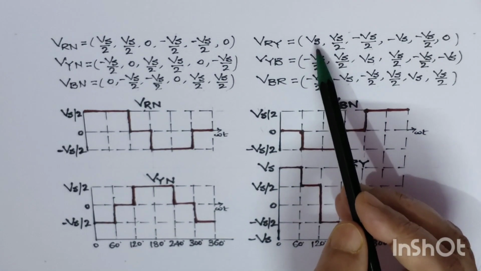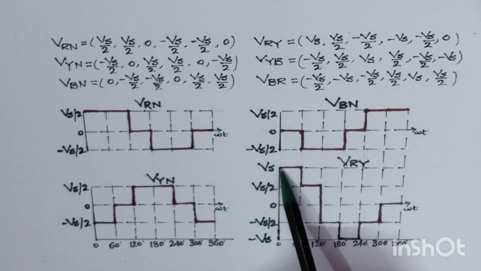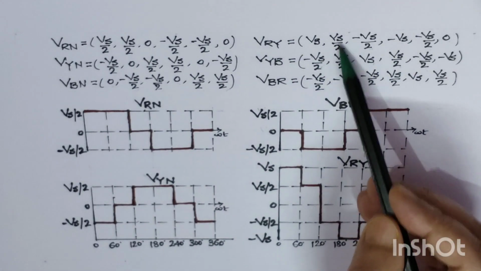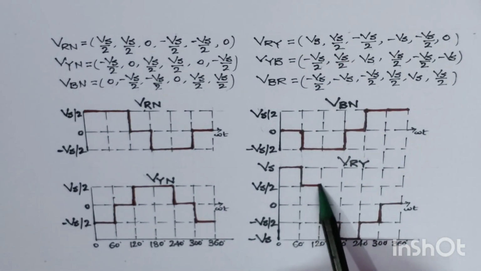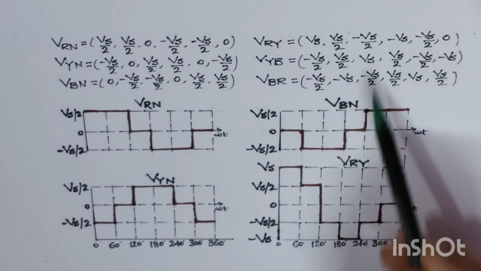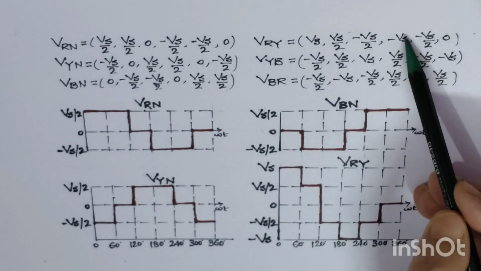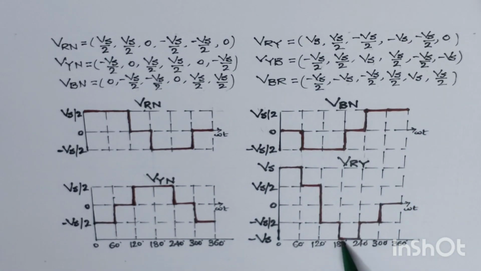In the first case we have the supply voltage Vs for a 60 degree interval. Then we have Vs by 2 for a 60 degree interval. Then we have minus Vs by 2 for a 60 degree interval. Then we have minus Vs for the next 60 degree interval.